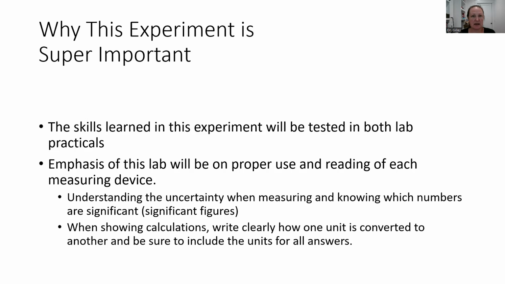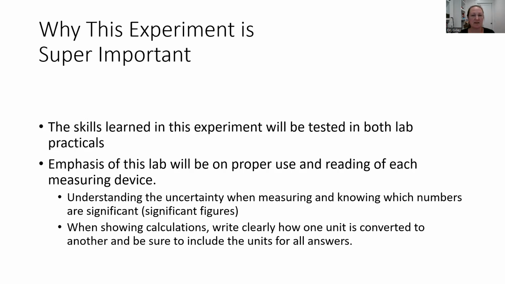So this is really, really important that you understand how to read these measurements to the correct level of precision, understanding which numbers, where the uncertainty is in a measurement, and how that relates to significant figures and how you should record your measurements. And also don't forget always recording your units. That's super important. Okay, so emphasis in this lab will be on the proper use and reading of each measuring device.